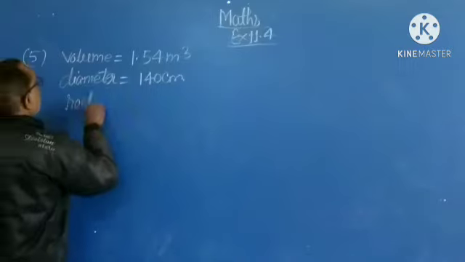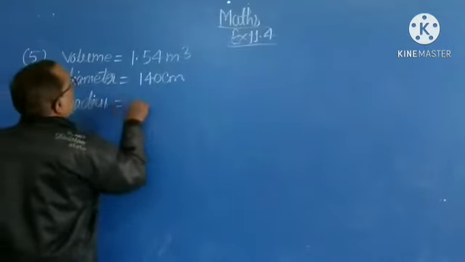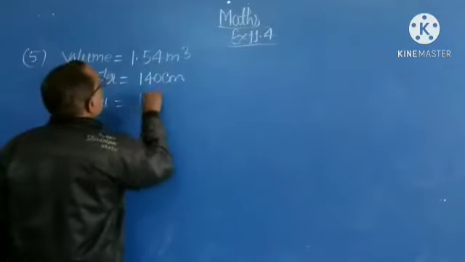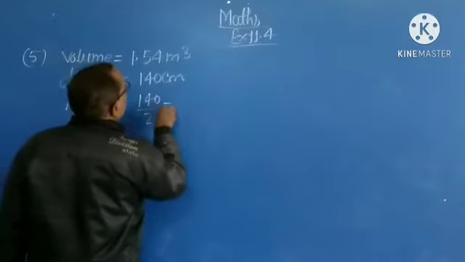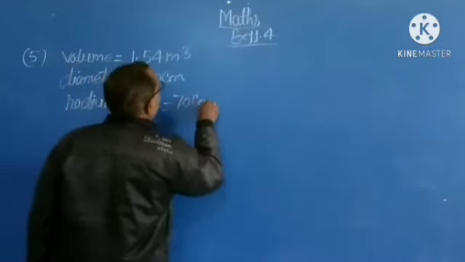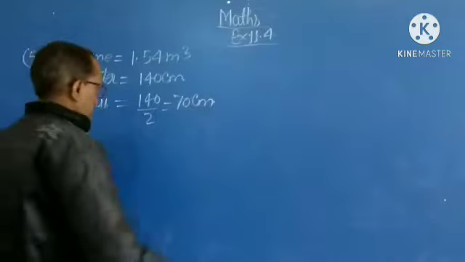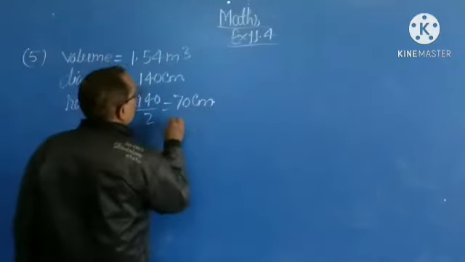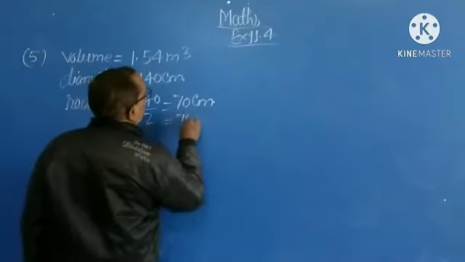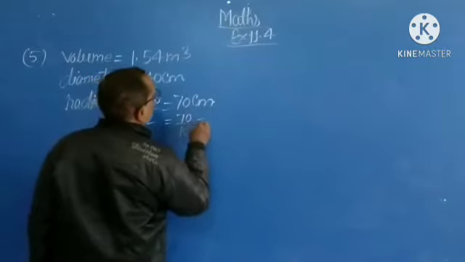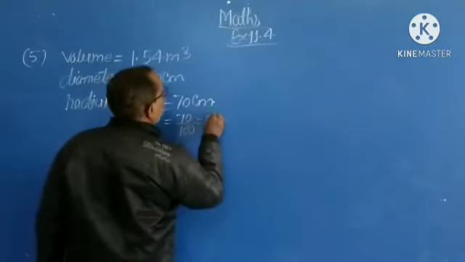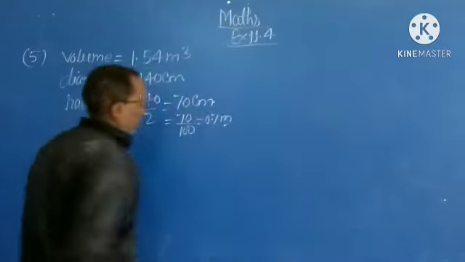Radius is equal to diameter by 2, means 140 upon 2, you get 70 centimeter. When you convert this into meter, you get 70 upon 100, that is equal to 0.7 meter.